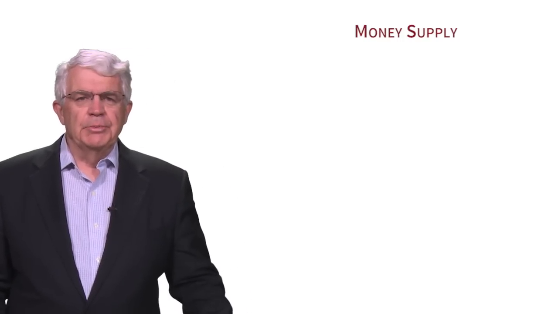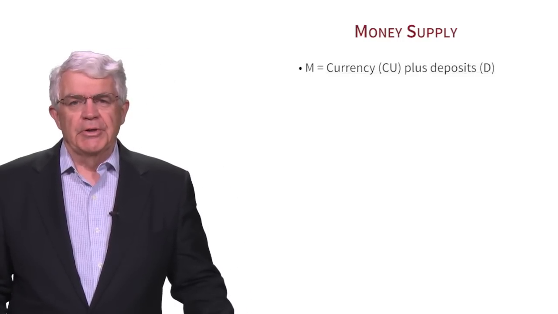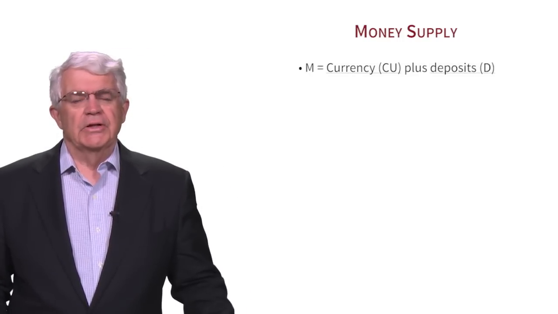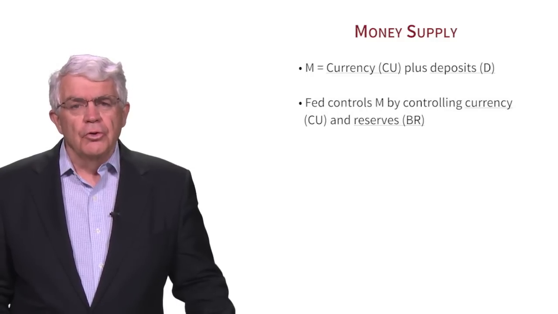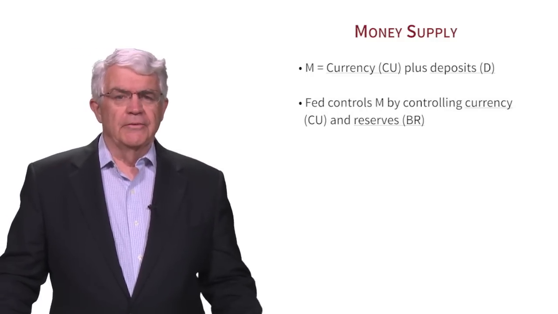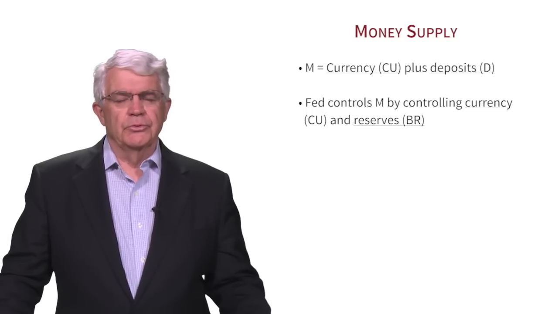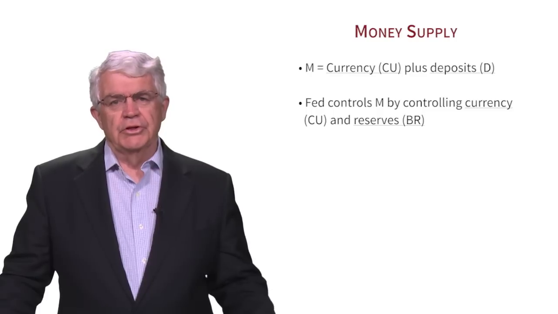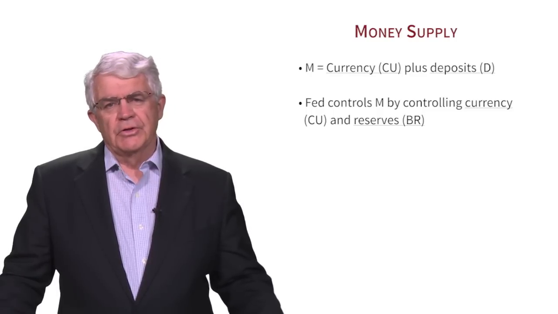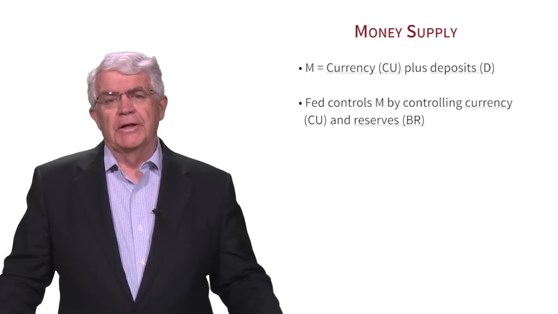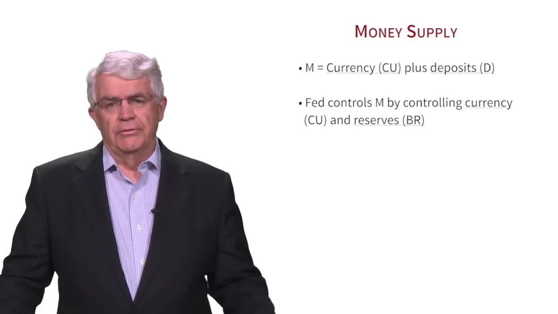So let's get started. We've discussed what the money supply is. It's the sum of currency plus deposits at banks that can be used for transactions purposes. We know that the Fed can control the money supply by controlling the amount of currency, the amount of Federal Reserve notes, and also by controlling the amount of reserves. Bank reserves are the reserves that the commercial banks like Wells Fargo hold at the Federal Reserve.